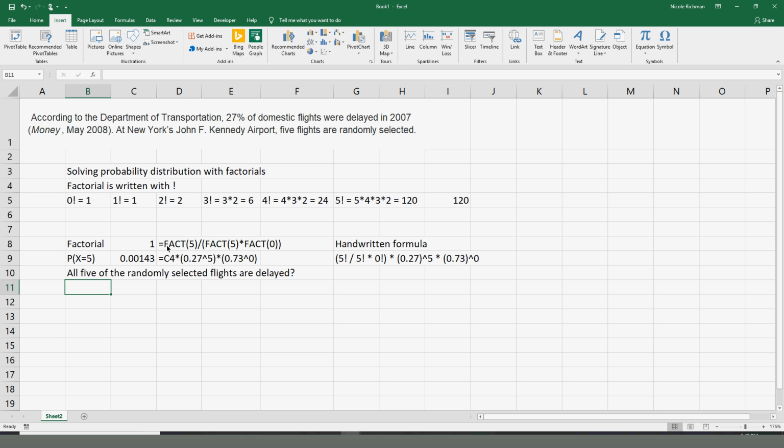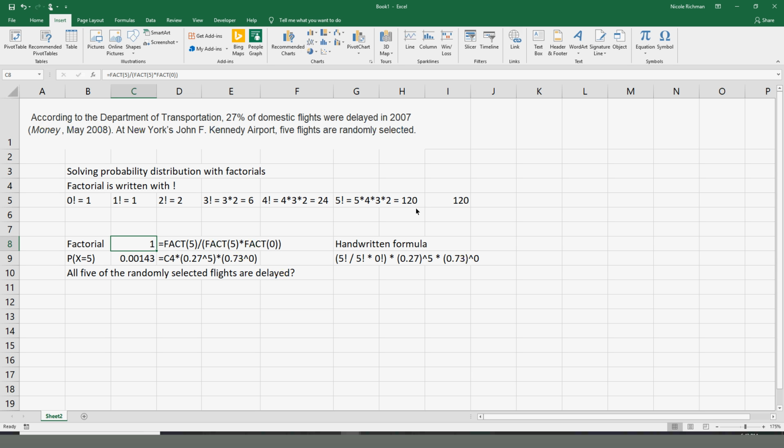Excel is so much nicer to us. If we take just this factorial piece, and I break the equation out because otherwise you get so many parentheses and brackets in Excel that you could end up just losing yourself into what brackets go where. So I took just this front piece: the factorial of 5 divided by the factorial of 5 times the factorial of 0.